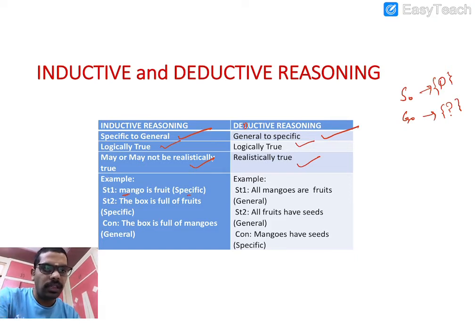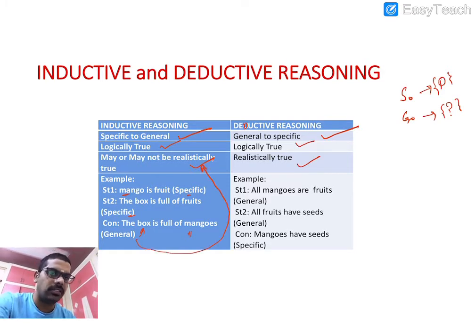Again we consider specific nature. The box is full of mangoes, so it is a general thing. The box is full of mangoes in the sense that maybe that box consists of only mangoes or other fruits also. So it may or may not be realistic.